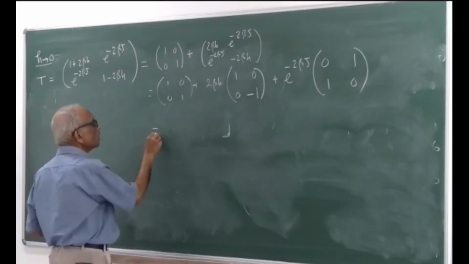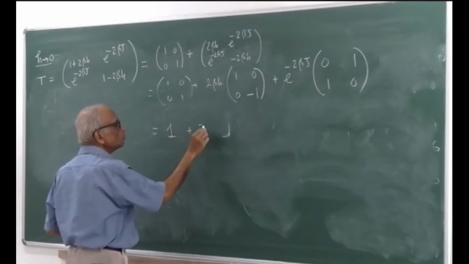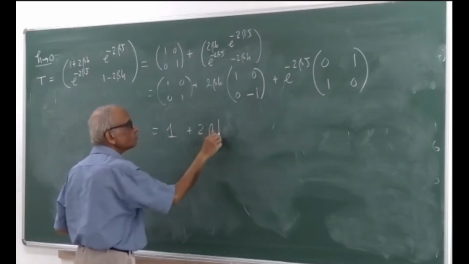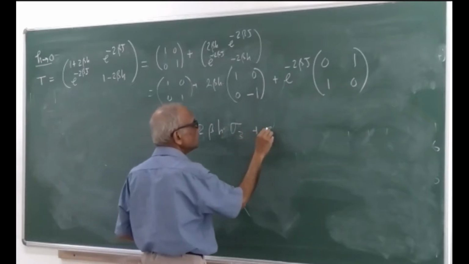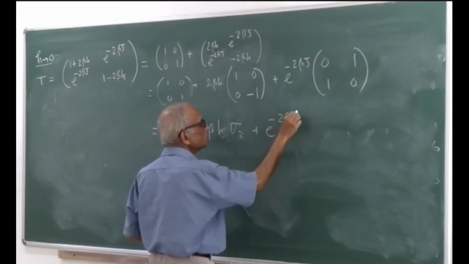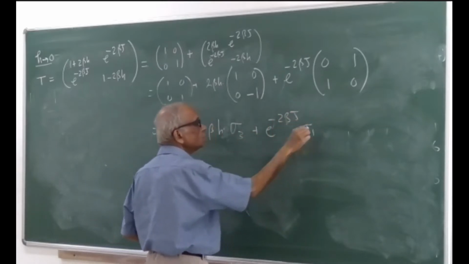So it is 1 plus 2 beta h sigma 3 plus e to the power minus 2 beta J sigma 1.